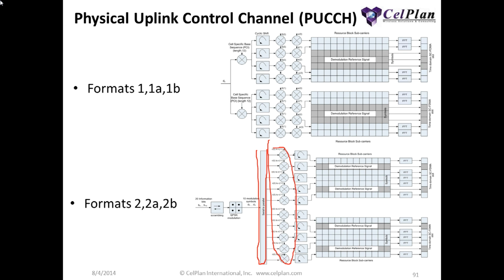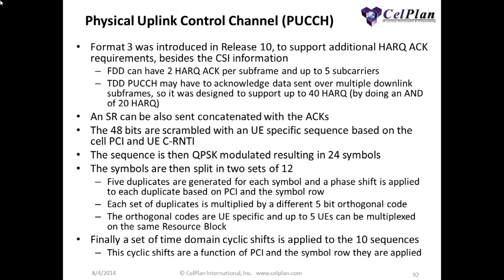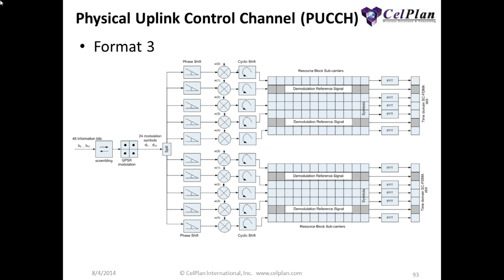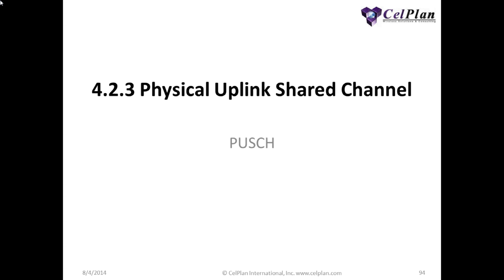There are cyclic shifts for each of the symbol rows, and then this forms the channel. Format 3 is similar, has phase shift, has more orthogonal codes, has cyclic shifts, and so on. I will not go into much detail here.